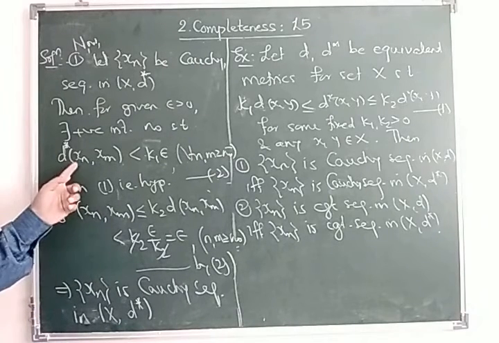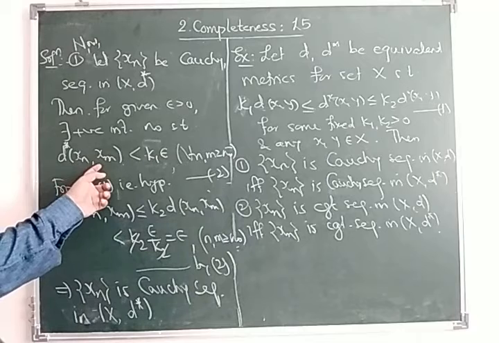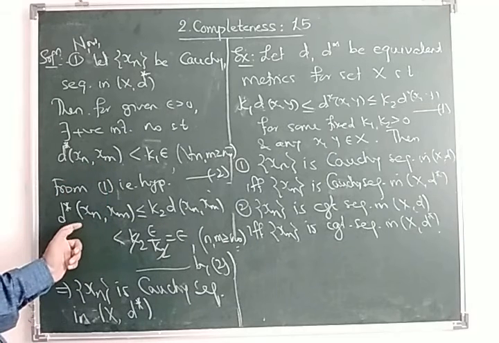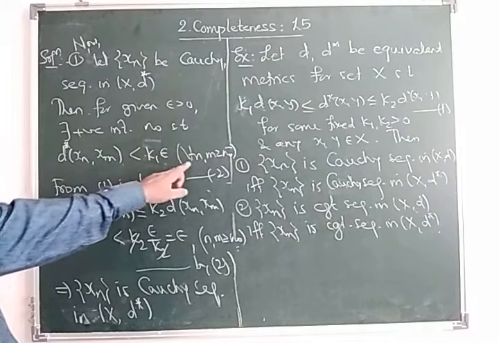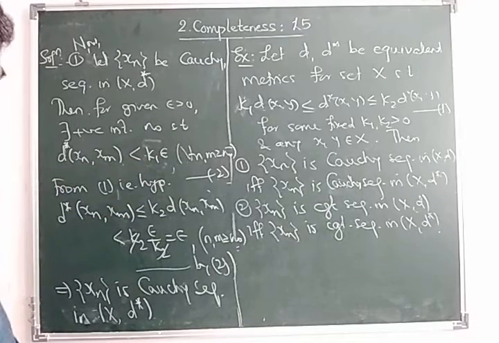So d star of xn xm is less than k1 epsilon.